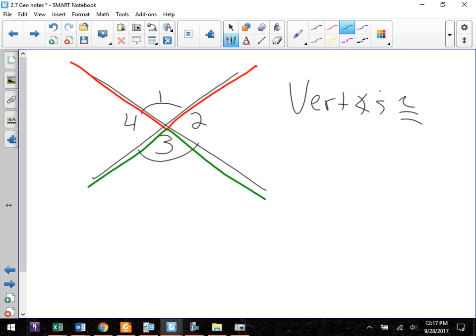When angles are vertical, they don't share the same sides, but they have the same vertex. But the sides that are opposite each other create lines. So these two create a line because they're opposite one another. These two create a line because they're opposite of one another. That's why those two angles are congruent.